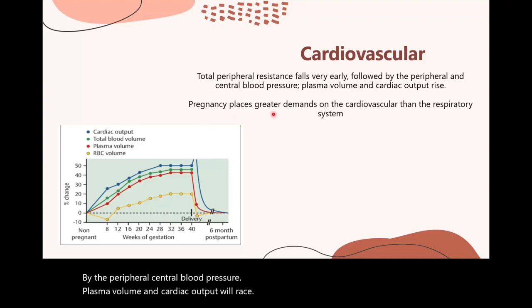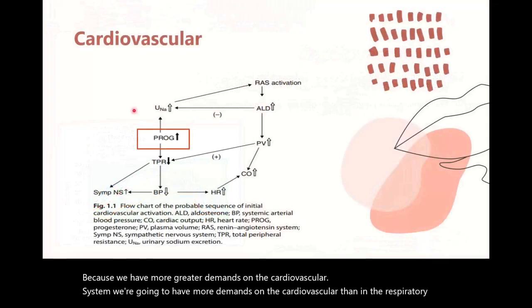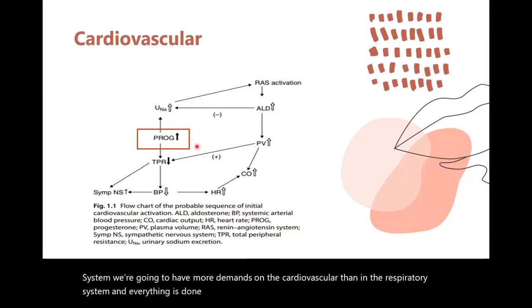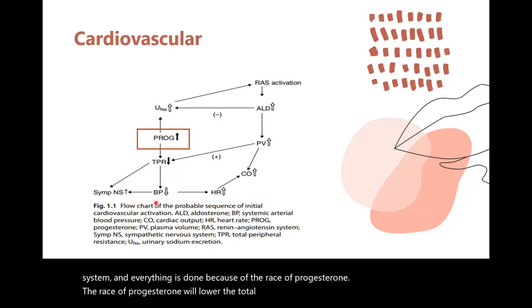Because we have greater demands on the cardiovascular system, we're going to have more demands on the cardiovascular than in the respiratory system. And everything is done because of the rise of progesterone. The rise of progesterone will lower the total peripheral resistance, and that will lower the blood pressure.